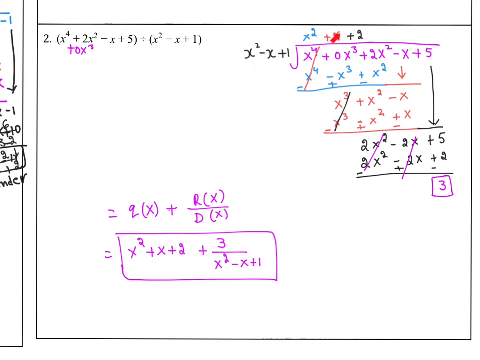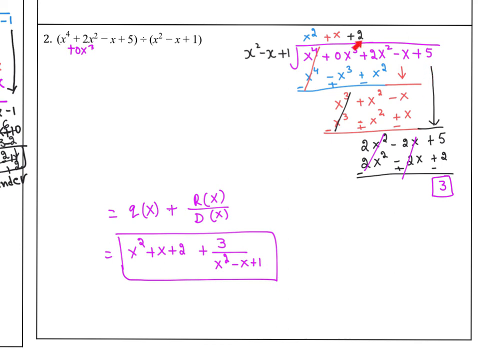So that would be x times x squared is x cubed, x times negative x would be negative x squared, and x times 1 would be x. Change the signs, you get x cubed, negative x cubed cancel. x squared plus x squared is 2x squared. Negative x minus x would be negative 2x. Bring down the 5, so that's going to be plus 5.